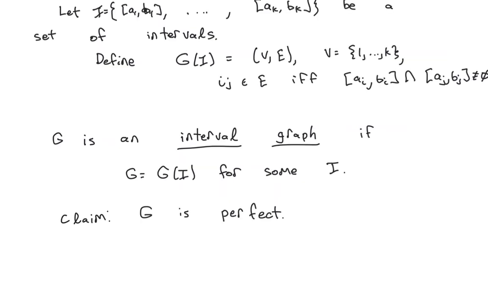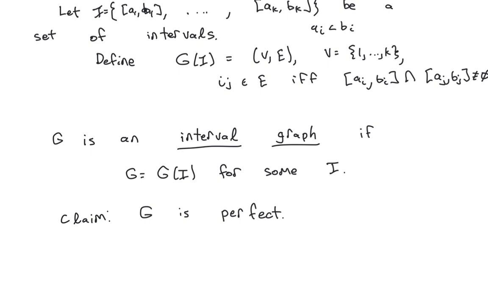The first class of graphs we want to look at are called interval graphs. These correspond to the following setup. You have a collection of intervals, and here I'm talking about intervals in the calculus sense. Each of these has a_i less than b_i, and these are real numbers.